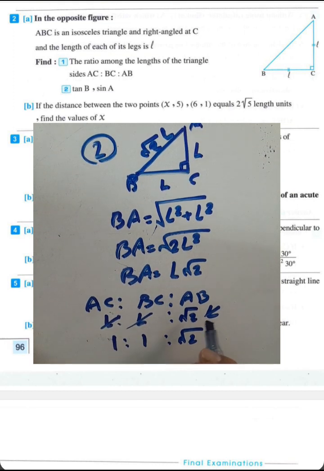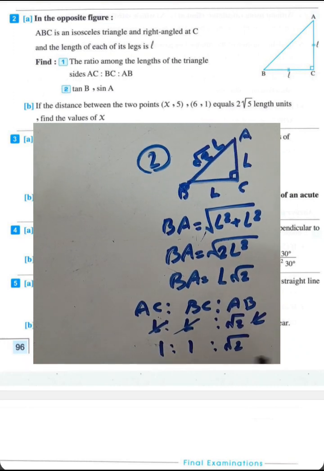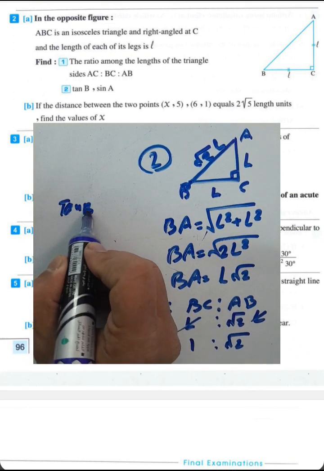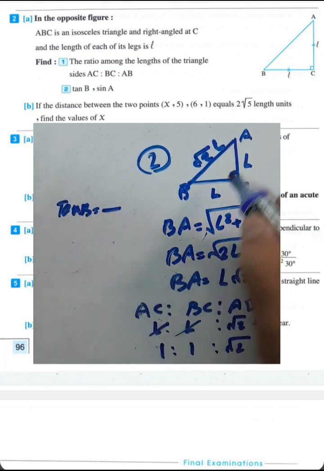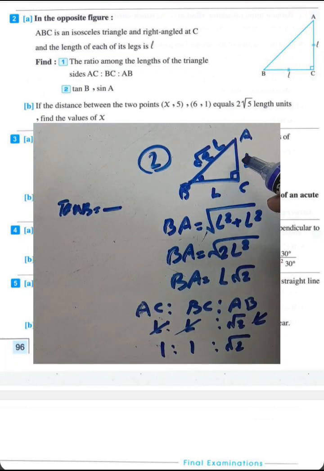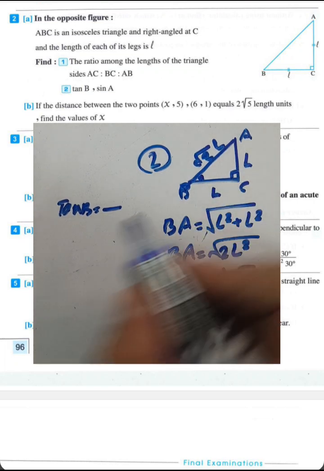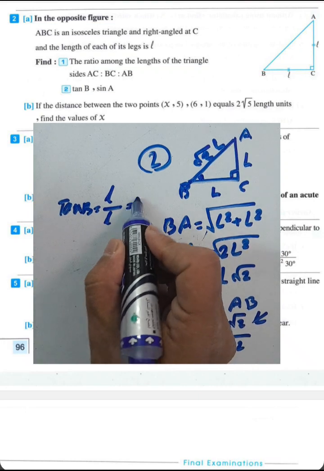Second question, you want to find tan B and sine A. We can write tan B: tan will be opposite over adjacent, L over L, it will be 1.